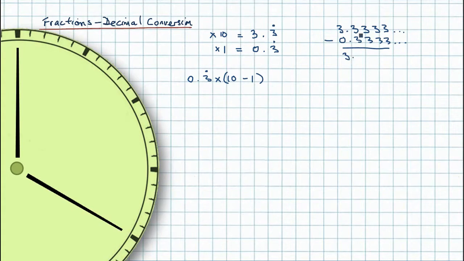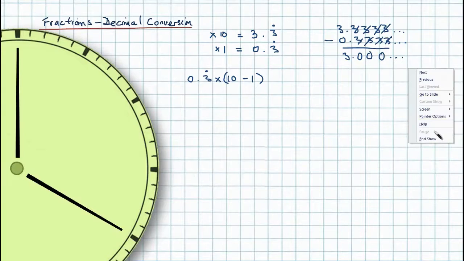Okay, so 0 from 3 gives us 3. 3 from 3 gives us 0. 3 from 3, 0. And you can see these zeros are going to go on forever. So another way of saying it is all these 3's just keep cancelling. Because 0, 0, 0, 0, 0, of course, is just 0.